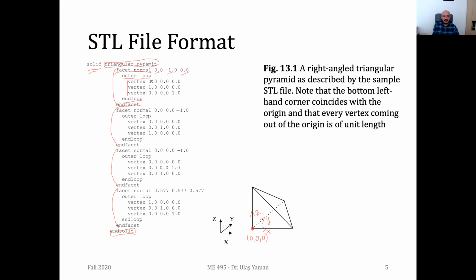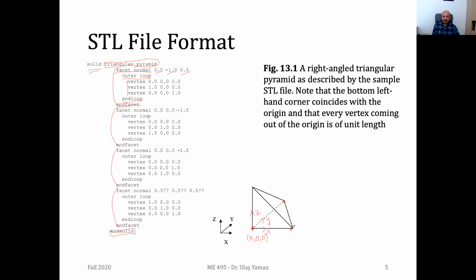So let's focus on this triangle. The first vertex is 0, 0, 0. Yes, it's here. And the other one is 1, 0, 1. So this is here. And we usually prefer to have a counterclockwise rotation while we are putting numbers after each other, but it doesn't matter.